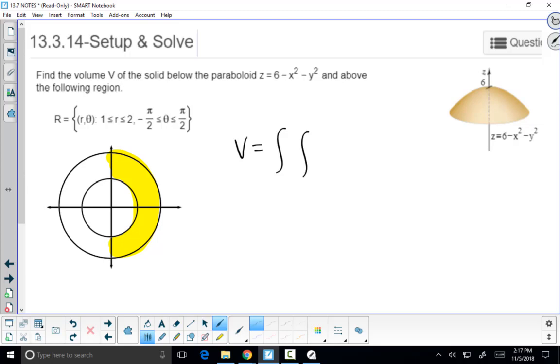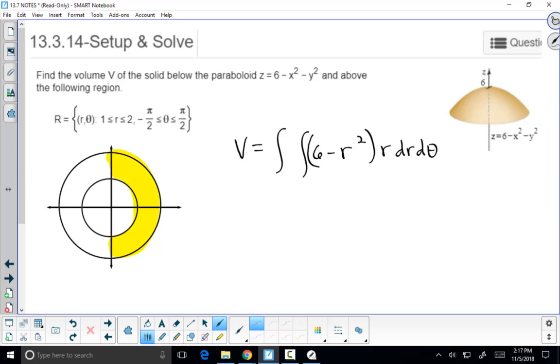So instead of doing 3 integrals, we'll just do 2 integrals of upper minus lower. The upper surface is the paraboloid, 6 minus x squared minus y squared. Let's switch to polar right away: 6 minus r squared, times r dr d theta. So now that is finding the volume beneath that paraboloid.